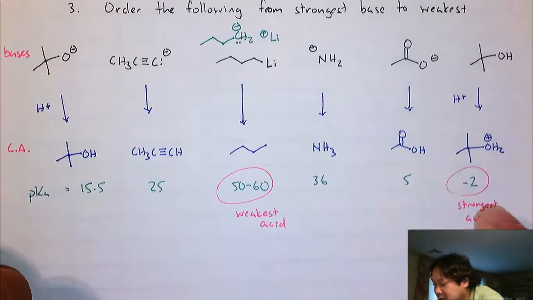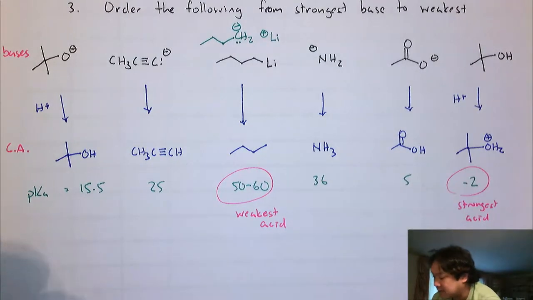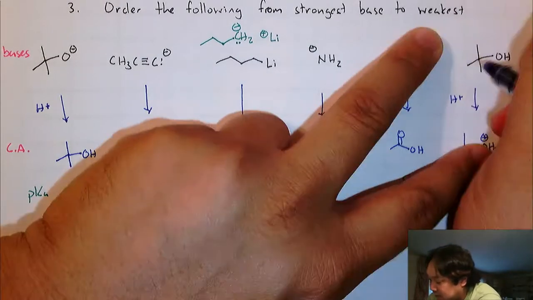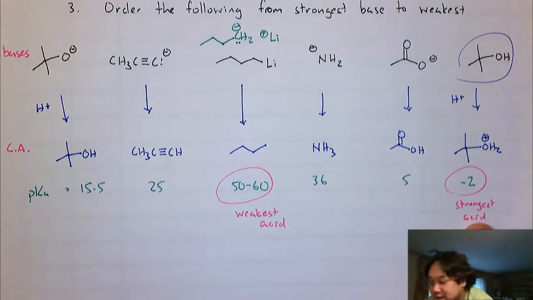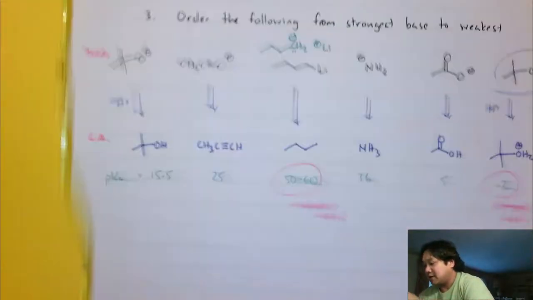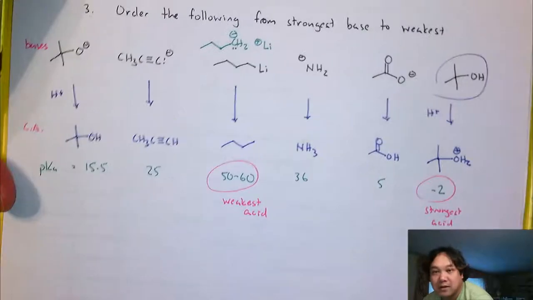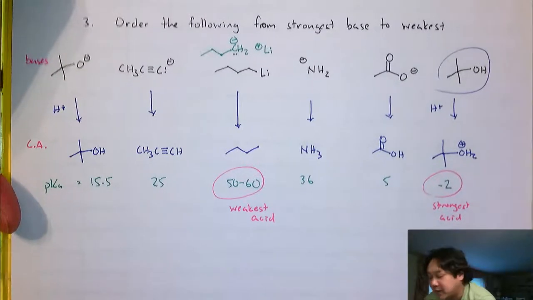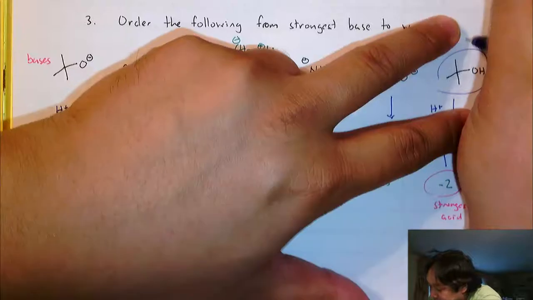So the stronger the acid, the weaker the conjugate base. This is the weakest base because it came from the strongest acid. Let me zoom out a little bit, actually. So weakest base. 1, 2, 3, 4, 5, 6. This is number 6.